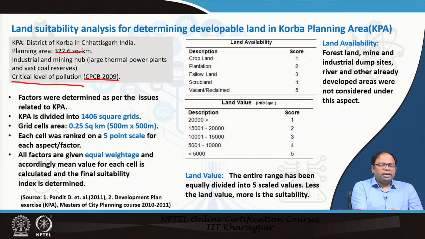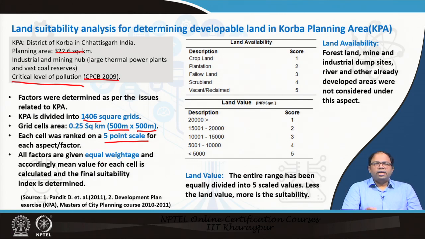We divided the entire area into square grids. Around 1406 square grids were created. Each grid was around 0.25 square kilometer, which was 500 meter by 500 meter, and each cell was ranked on a 5-point scale for each factor.